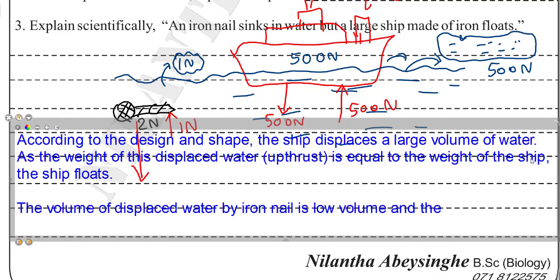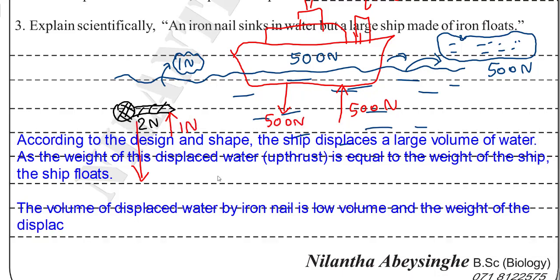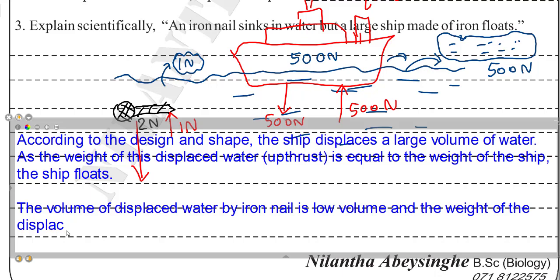And the weight of the displaced water, that means the upthrust, is less than the weight of the iron nail. Less than the weight of the iron nail.